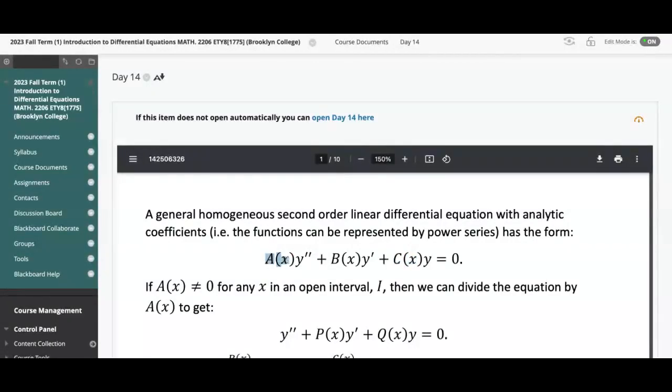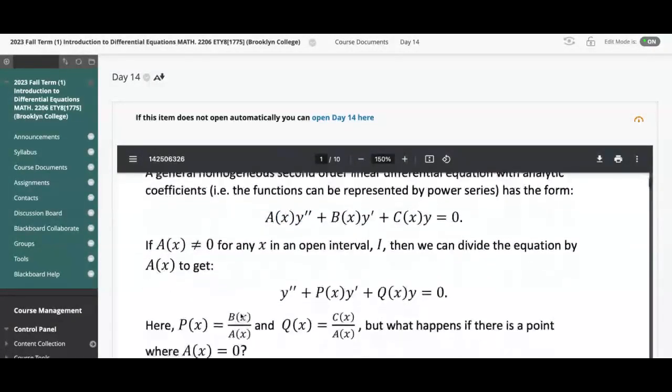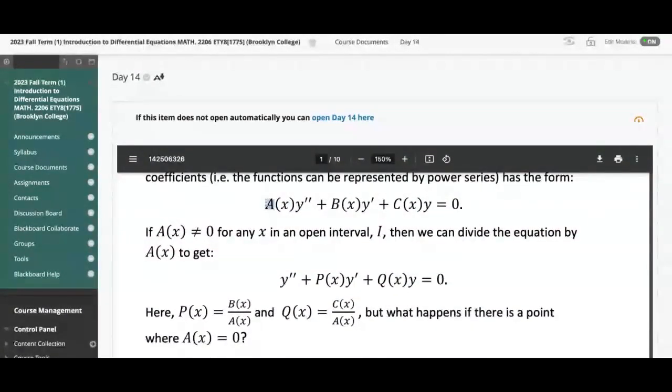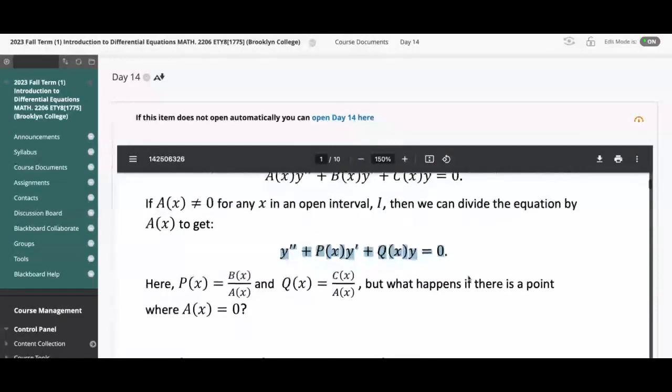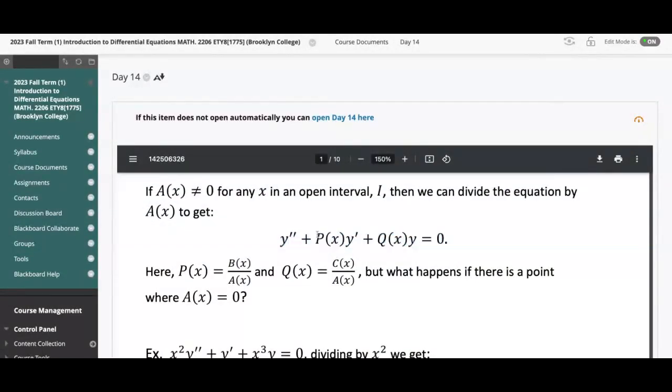But we want a of x not to be 0. If a of x is 0, then this term disappears. When we divide by a of x, because it's not 0, we get this form. So for the rest of the class, we deal with p of x as the coefficient of y prime, and q of x as the coefficient of y. So we made the coefficient of y double prime 1.